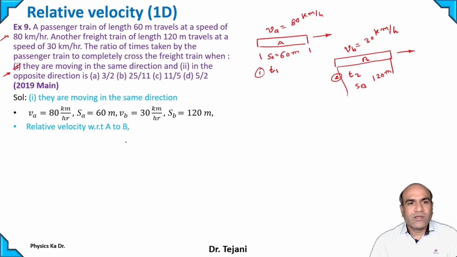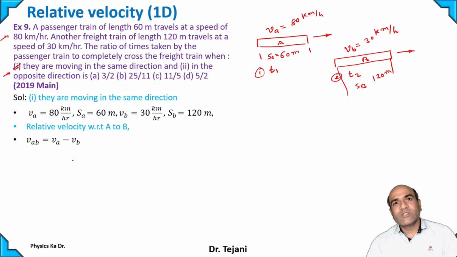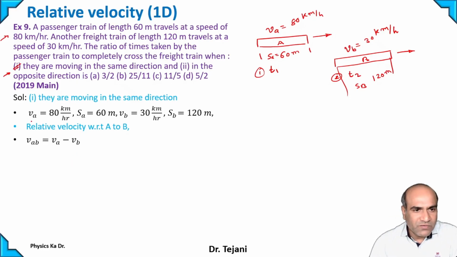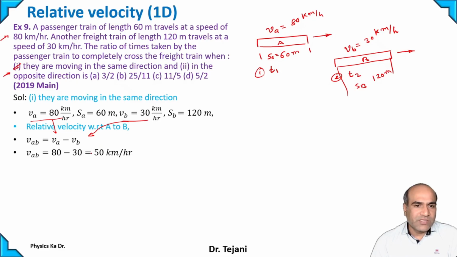First we find the relative velocity of train A with respect to B: VAB is equal to VA minus VB. VA is 80 and VB is 30. Both are in the same direction, therefore it is not negative, and the relative velocity VAB becomes 80 minus 30, that is 50 kilometer per hour.